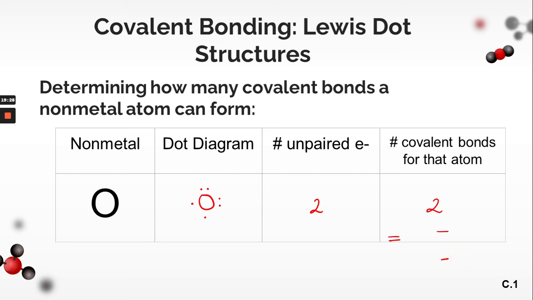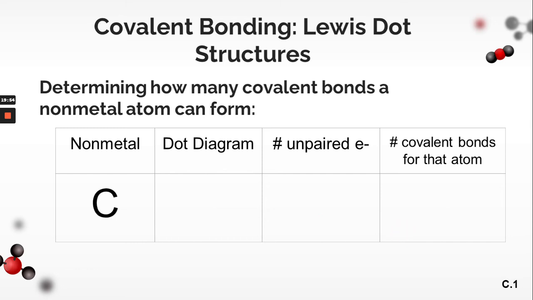So you can see this is just using what we already know to do something new. We'll do a few more here. So this is fluorine. Fluorine, if you look on your periodic table, has 7 valence electrons. Only one of them is unpaired, so that means fluorine would like to make 1 bond. Well, if you can only make 1 bond, it must be a single bond.